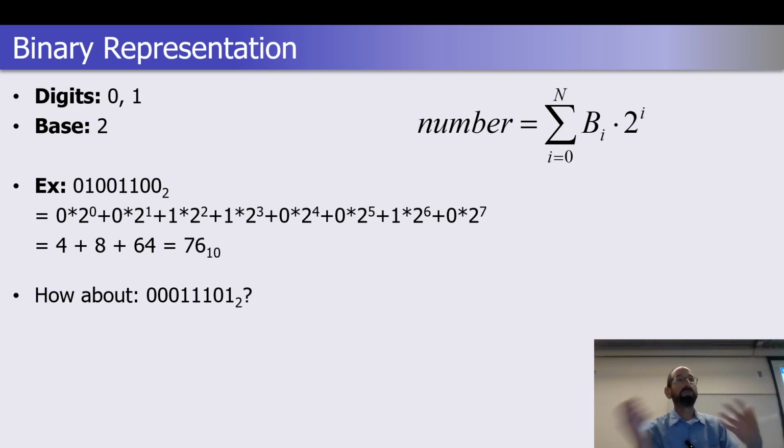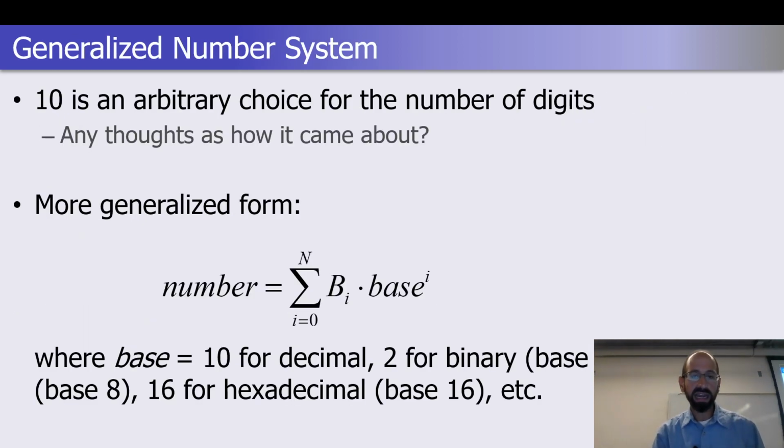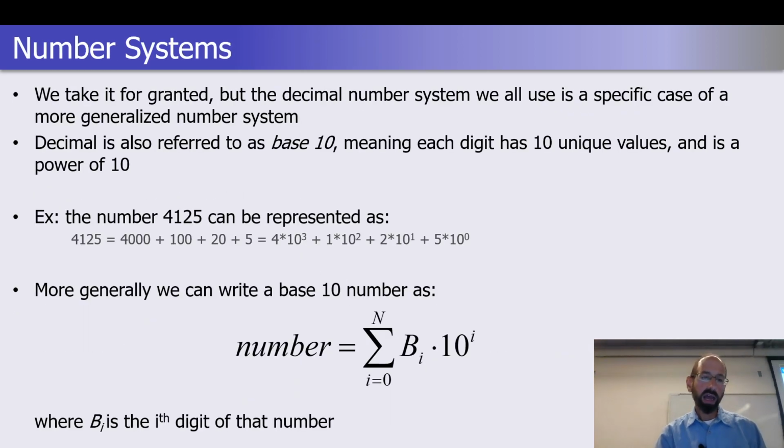The other most important one for us to be aware of as programmers is binary, base 2, where every digit in our value is either a 1 or a 0, and consequently we build up our number via successive powers of 2.